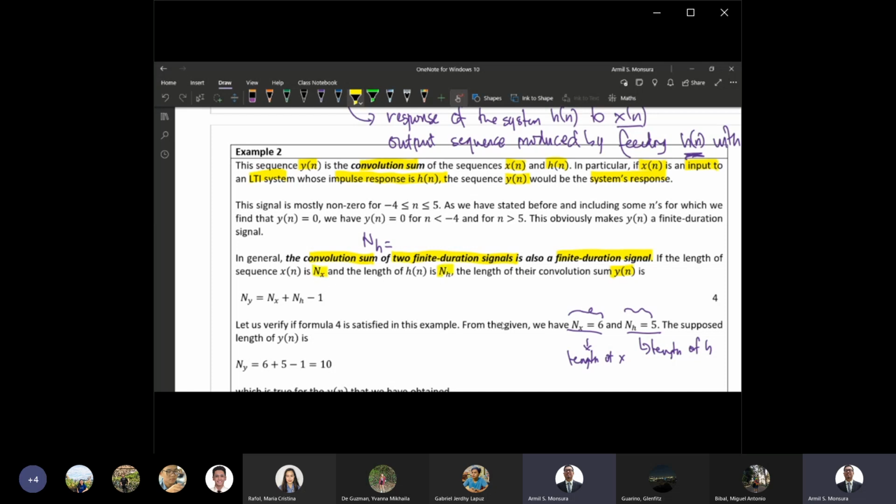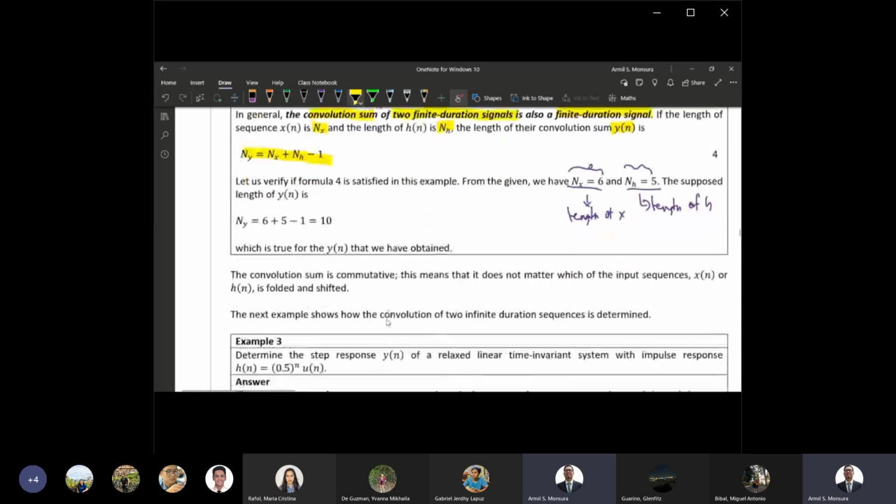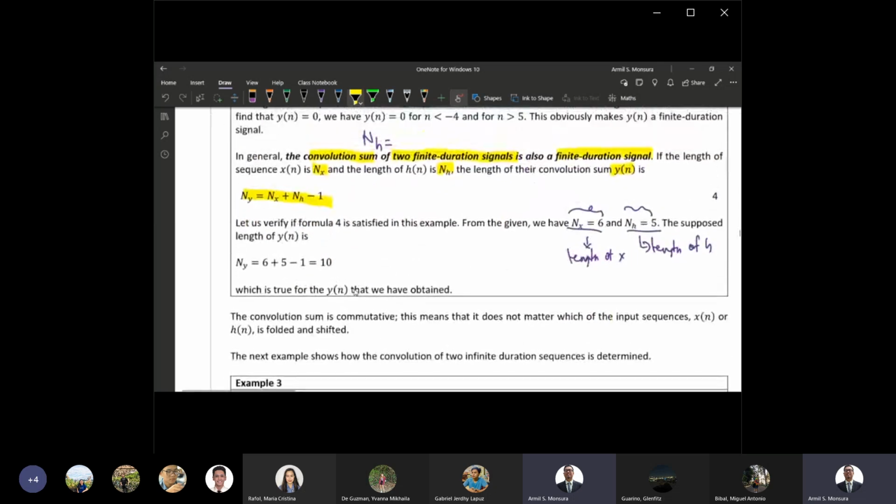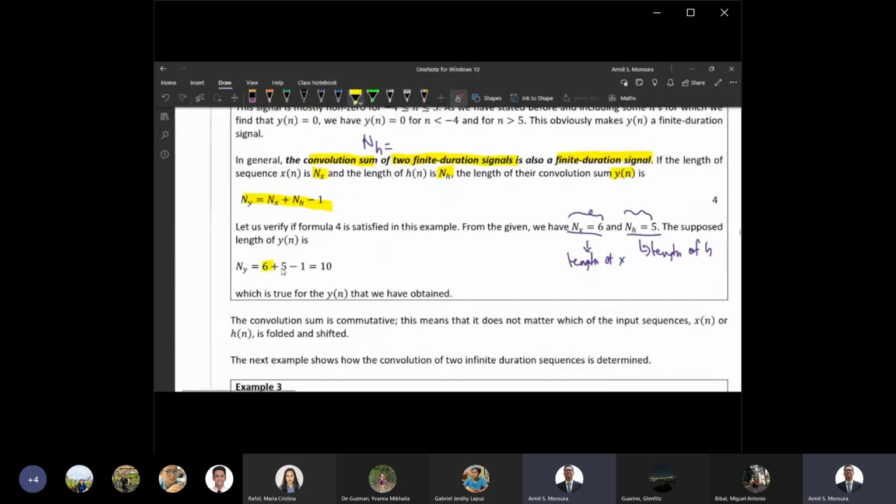So that formula that predicts that is given in this one. So the length of y is the sum of the lengths of x at saka h then minus 1. So in this case, the length of x is 6 then plus 5, then minus 1 natin as part ng formula.